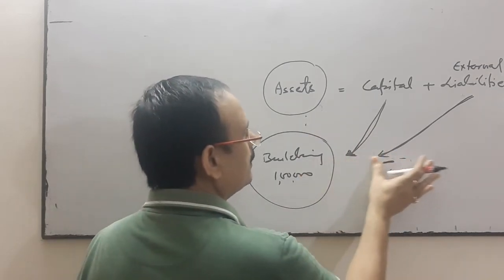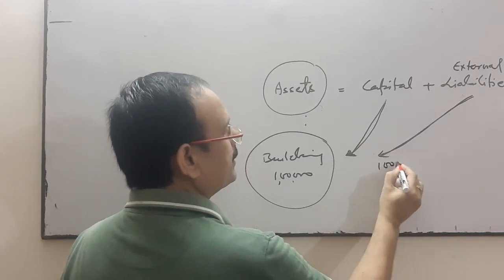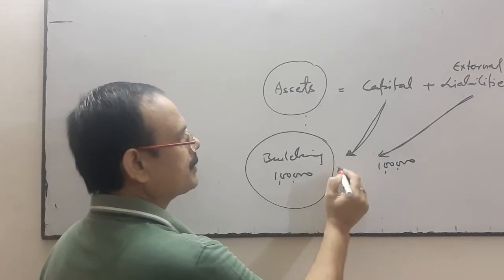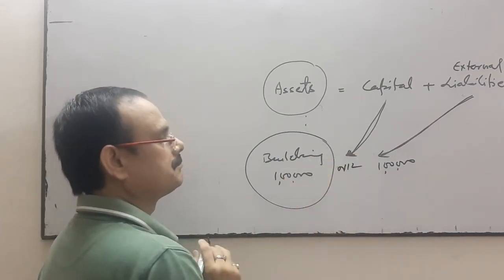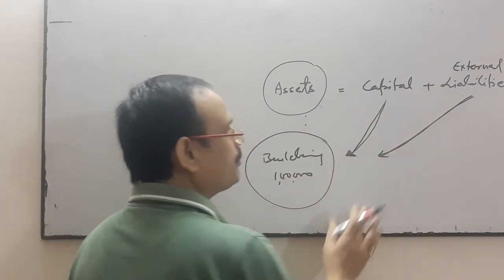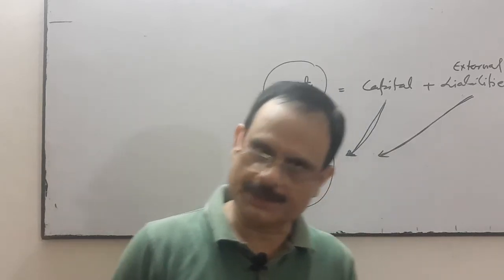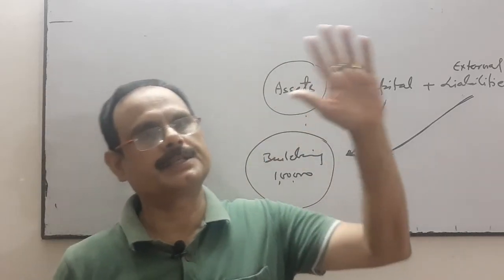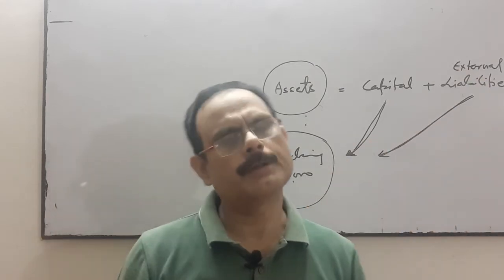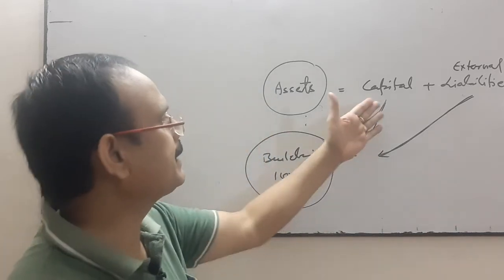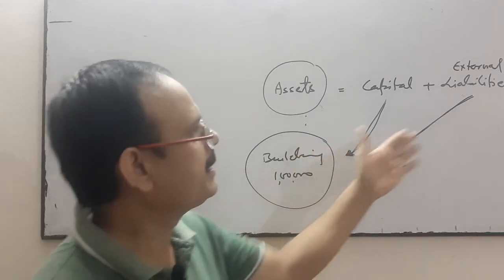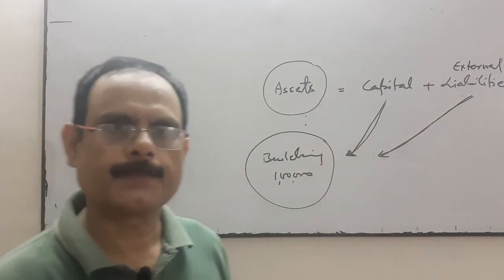It may be only from the external liability, no amount taken from capital. So it may be from the capital, the owner's fund, from the external fund, or both proportionately, whatever the proportion may be. Maybe 90,000 from capital and 10,000 from external liability, or 10,000 from capital and 90,000 from external liability.